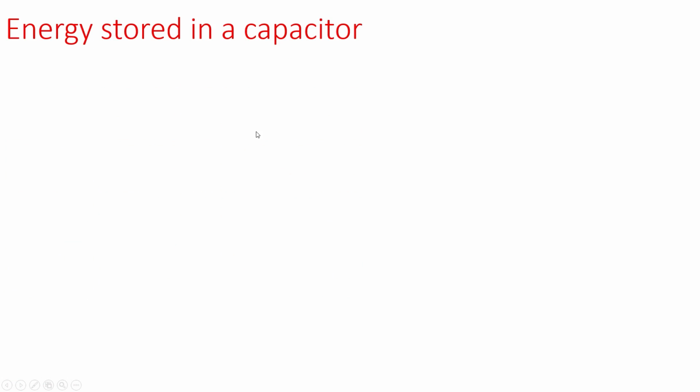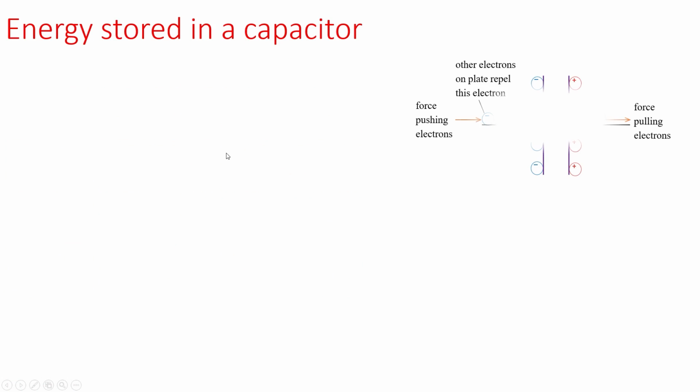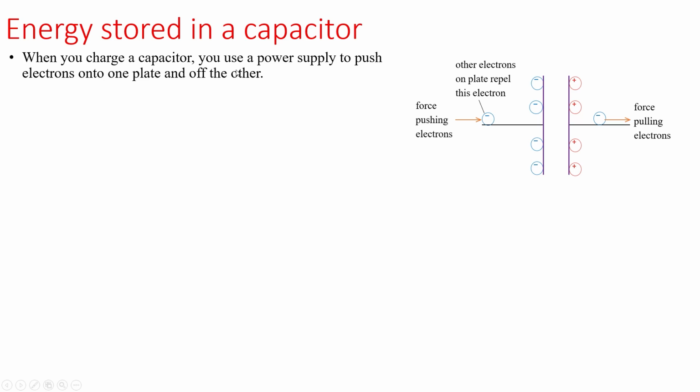Now, energy stored in a capacitor. Suppose these are the two capacitors, and you need to store the energy. So when you charge a capacitor, you use a power supply to push electrons onto one plate and off the other. So here you have to provide energy to push the electrons from one plate to another plate.